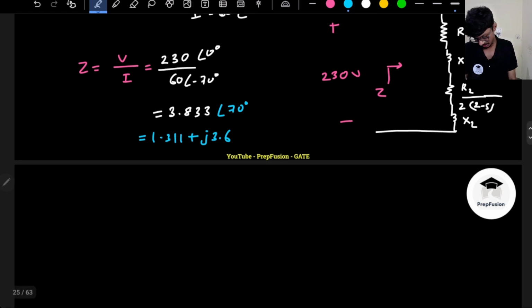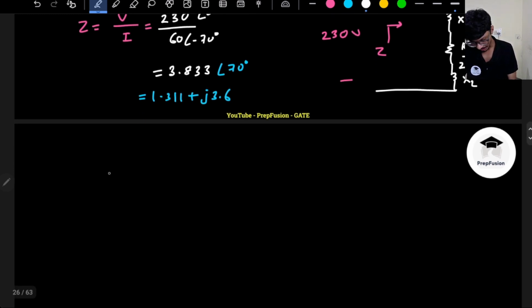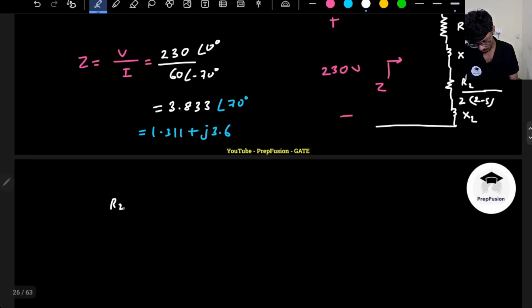So basically r2 will be equal to 1.311 and x2 will be equal to 3.6.